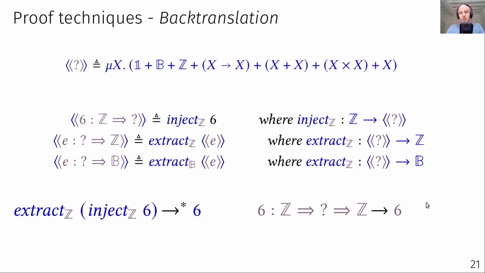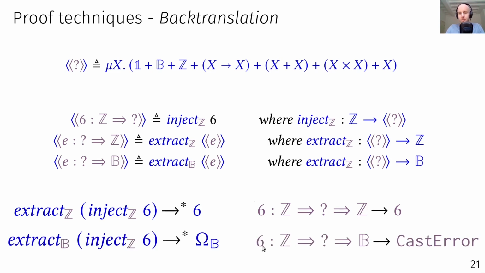So you can look at some examples. We saw earlier this example of 6 from Z to unknown to Z again, which will just evaluate to 6. In the back translation, we first inject 6 into this universe such that it will be of this form, and then we just extract it out of it again, which will eventually also evaluate to 6.